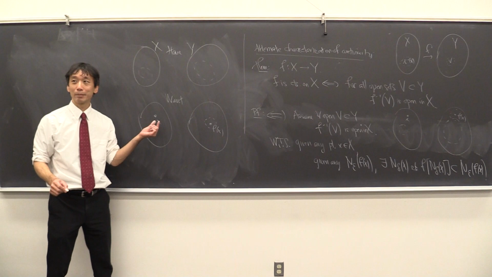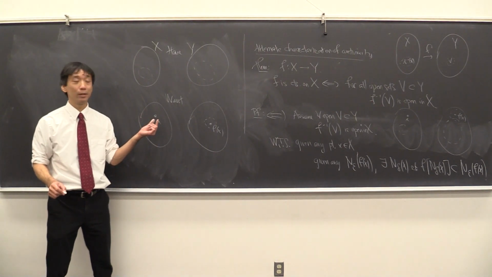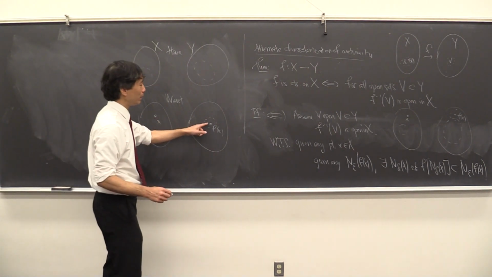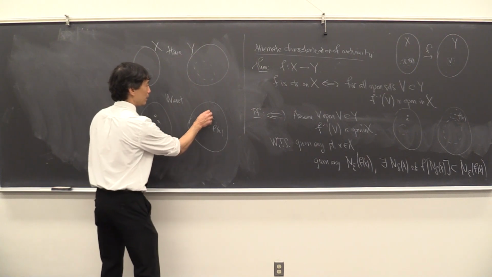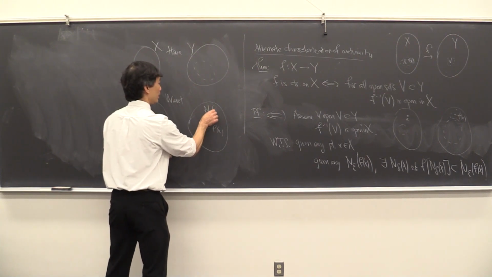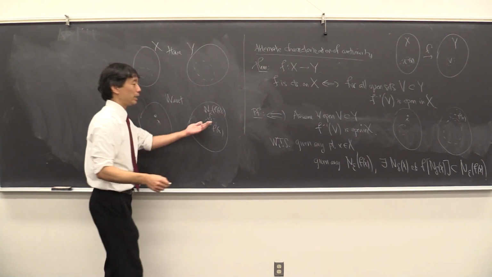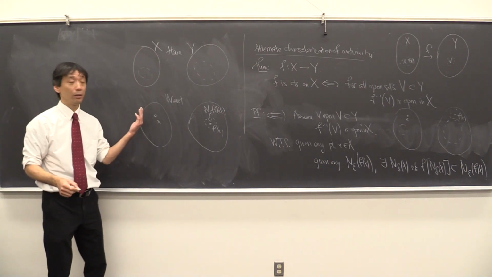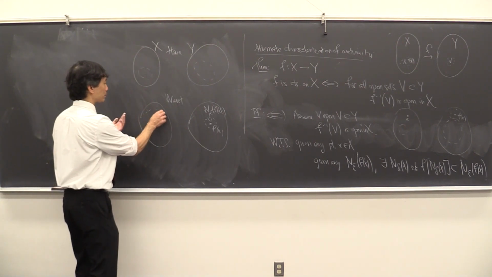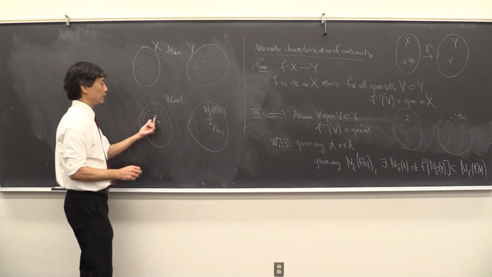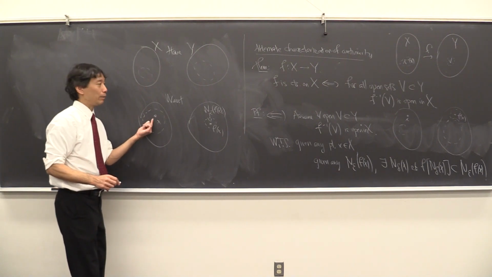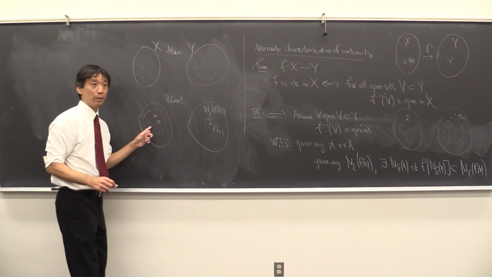I think just take the inverse. So let's take the epsilon ball and take the inverse of it. That'll give you something containing X. And what do you know about it? You know that this inverse image is open.